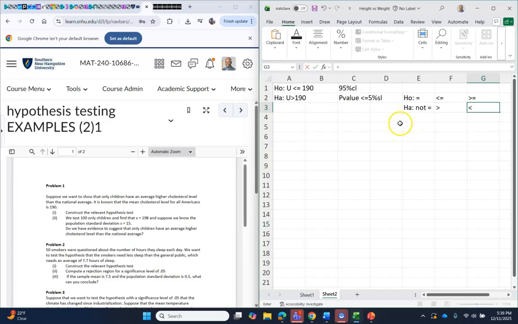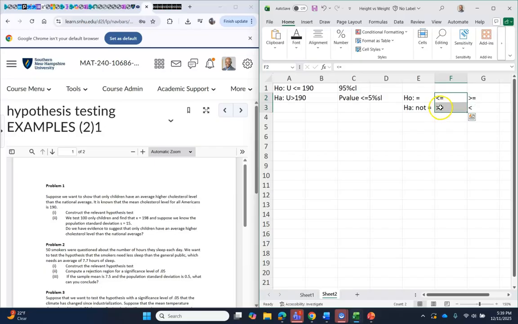I'm not expecting any of you to write not equal with the null hypothesis, or to use these symbols with the null hypothesis. We know that the null hypothesis should have equal, less than or equal, or greater than or equal. For the alternative hypothesis, we should have not equal, greater, or less, and they should go together.